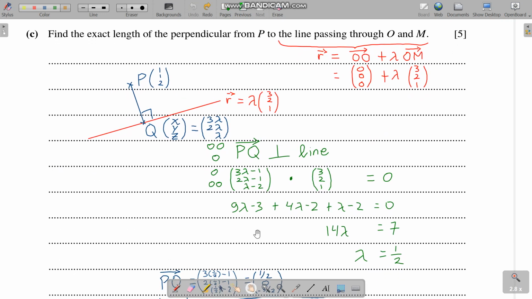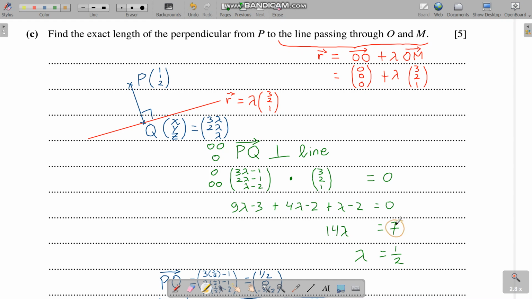Dot product means 3 lambda minus 1 times 3, we get this, and 2 lambda minus 1 times 2, we get this, and lambda minus 2 times 1, we get this. Now 9 plus 4 plus 1 is 14, and minus 3 minus 2 minus 2, that's minus 7.